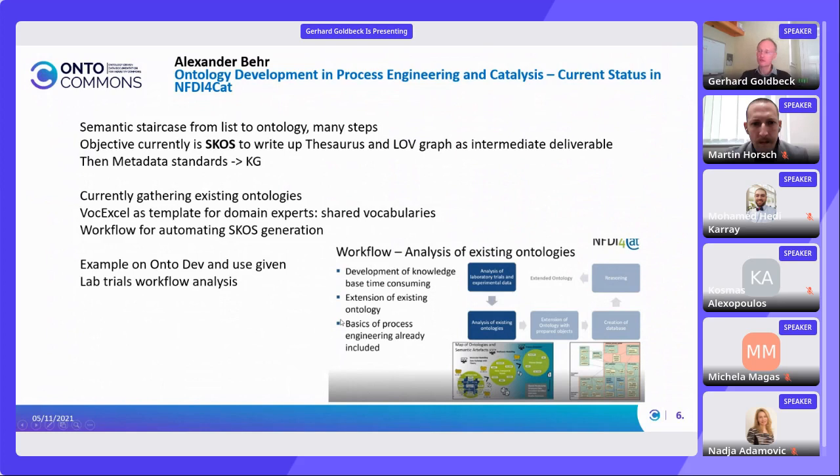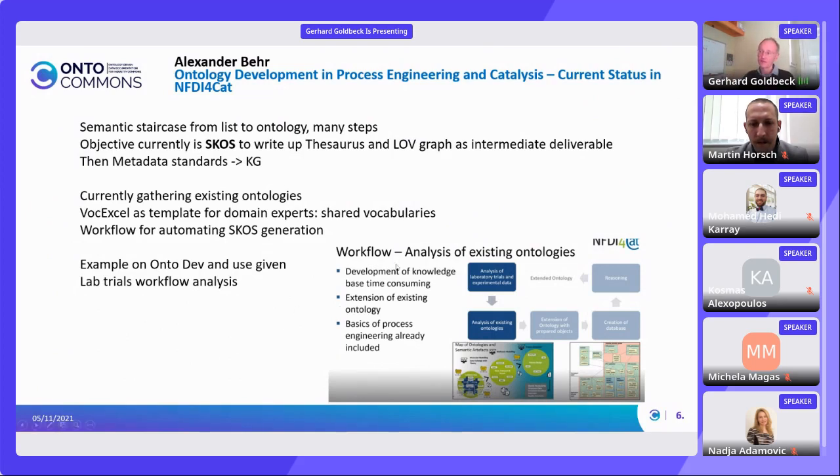Then we went into the catalysis area from the NFDI4Cat project presented by Alexander Baer, the ontology developments there, where they again presented something very interesting in terms of reminding ourselves that, of course, ontology is at the highest step of the semantic staircase, starting from lists and so on.